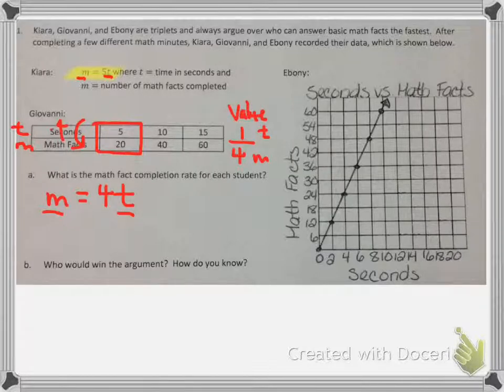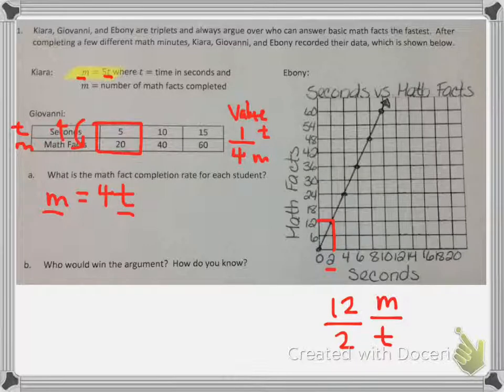I have a lot of points for Ebony, but I can see that if I have 2 seconds here, it will relate to 12 math facts. So I'm going to write the value as the math facts compared to the time, which is 12 math facts in 2 seconds.